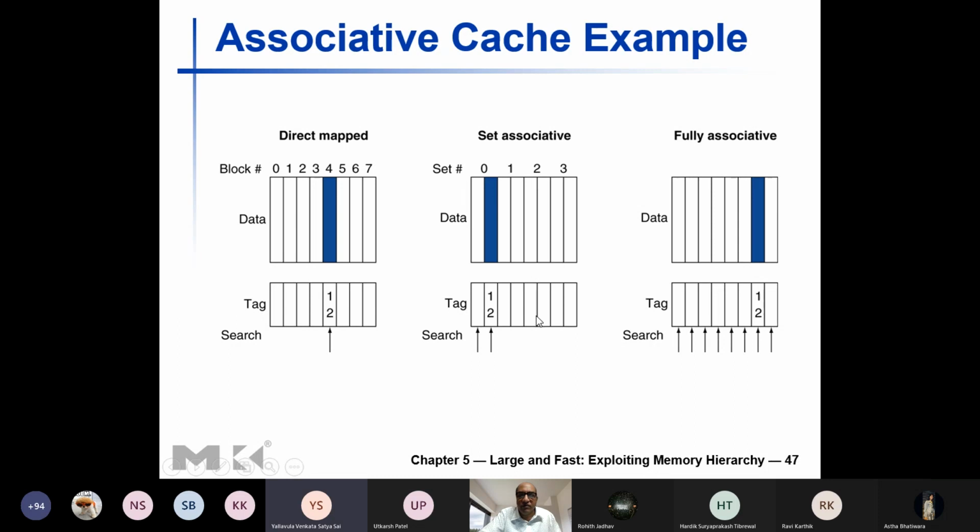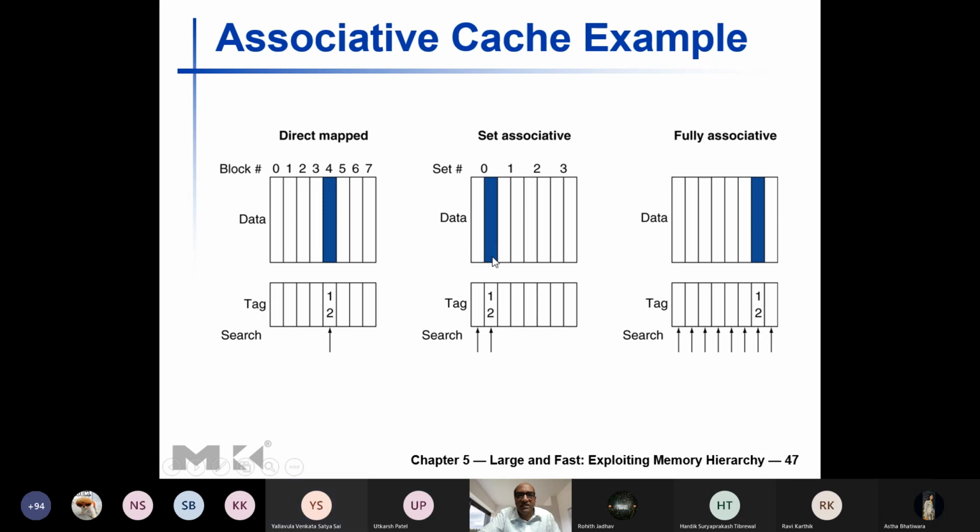Given the block number, you can come to know that the block may be present in set 0, for example, the blue one, which is your desired block. When you perform the modulo with the number of sets, you identify that your block may be present in set 0. And to check whether set 0 contains your desired block or not, you need to compare both entries, this one and this one.